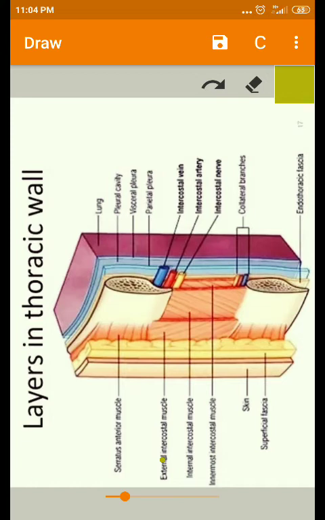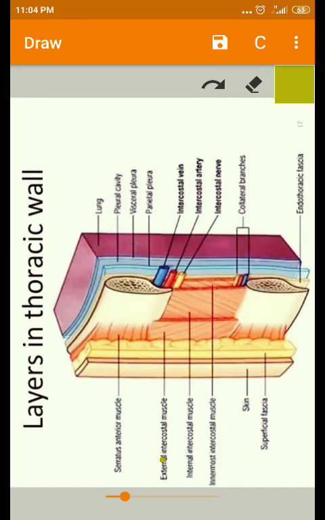So normally the extrinsic muscles include a number of muscles, which include the anterior aspect of the thoracic wall, lateral wall, as well as the posterior aspect of the thoracic wall. But anteriorly, those muscles present on the anterior aspect are the external intercostal and internal intercostal muscles.